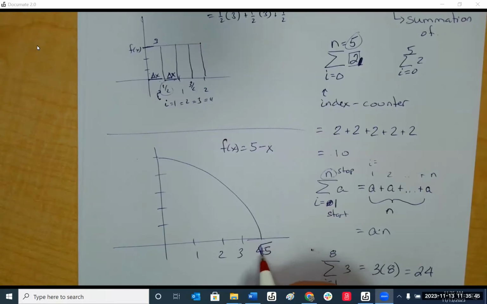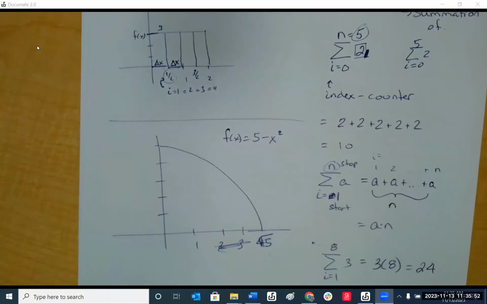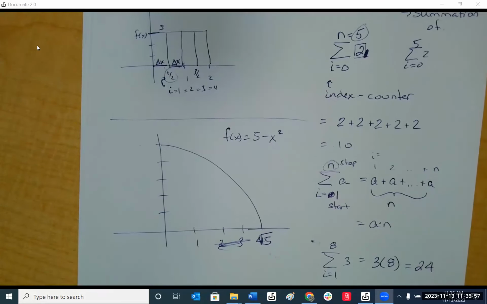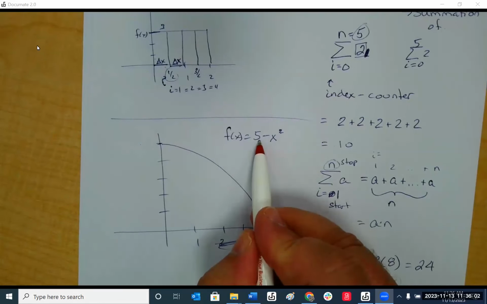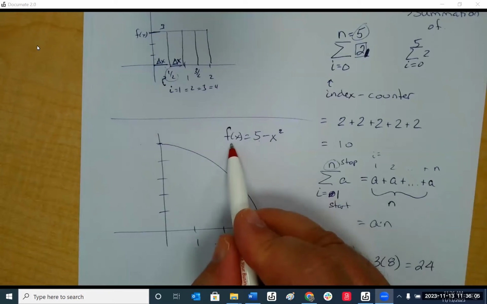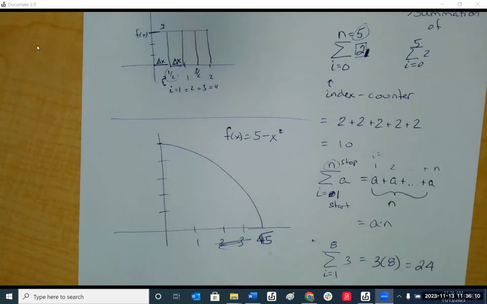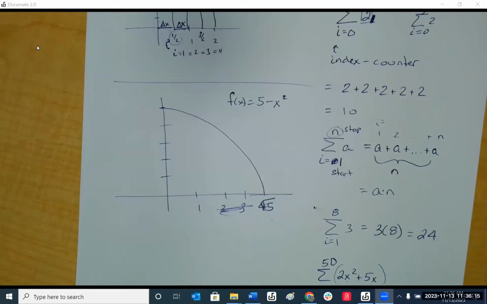This is square root of 5. Make it more logical, because when x is 0, y is 5. When y is 0, x is plus or minus square root of 5. Yeah, we could use easy.